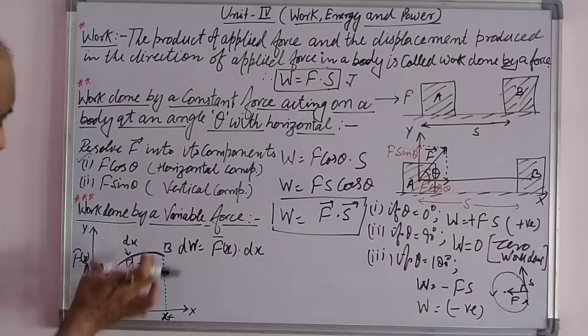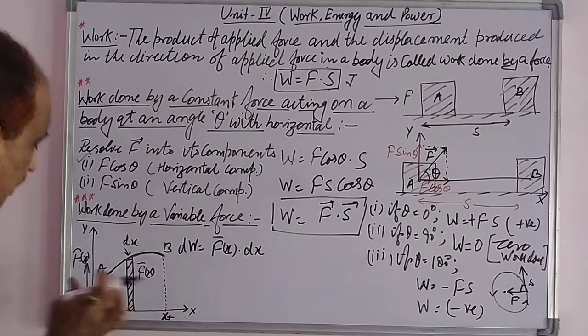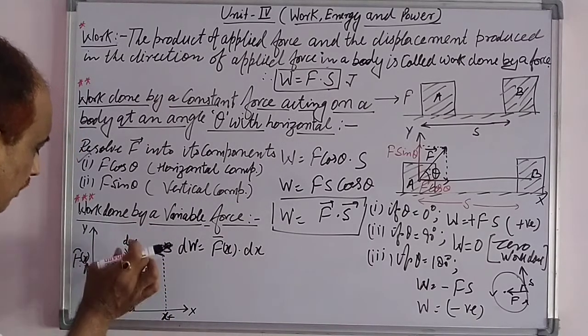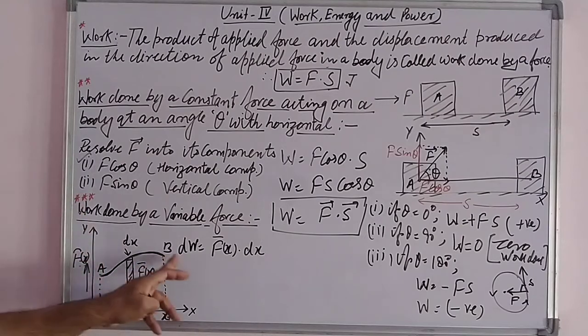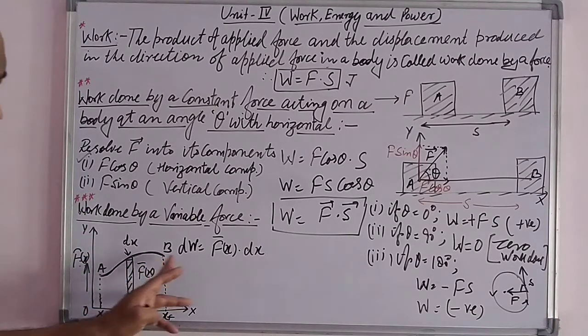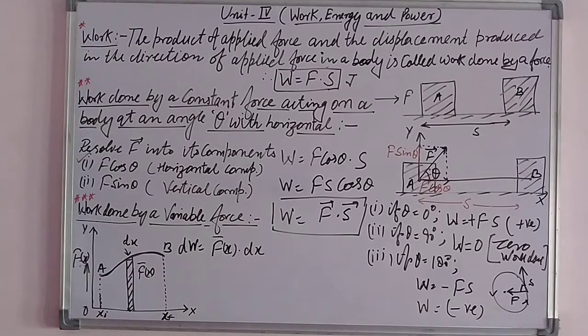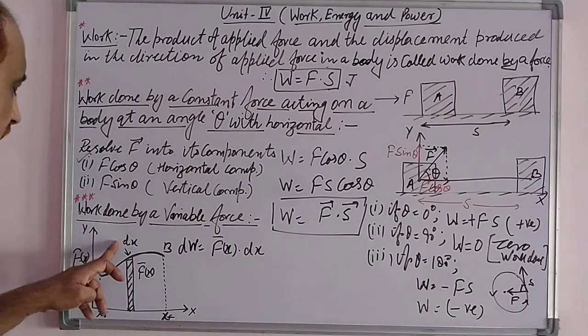So we have to divide the area enclosed by the graph AB into small intervals of width, say equal to dx. So we have to divide from A to B into an infinite number of small intervals of width equal to dx.